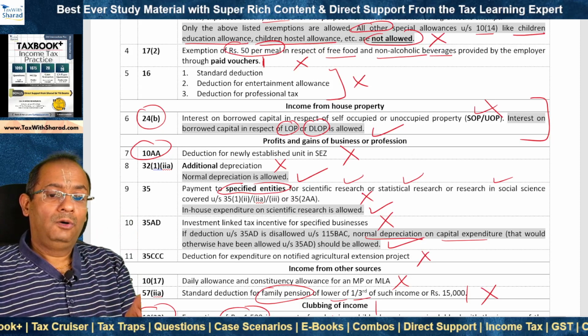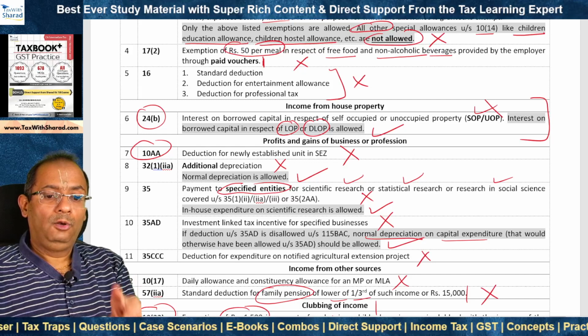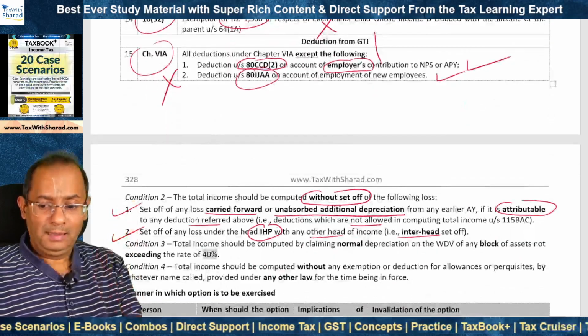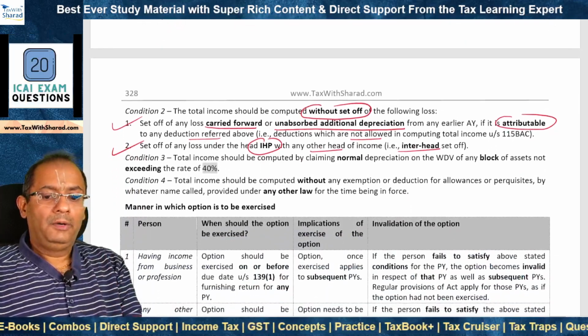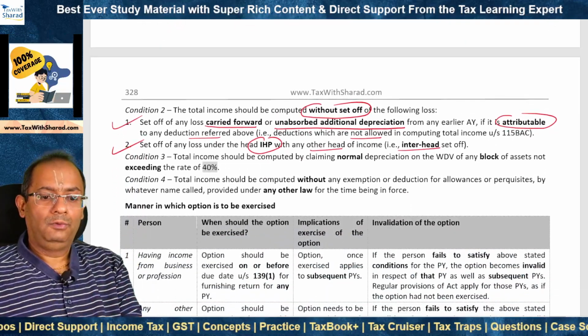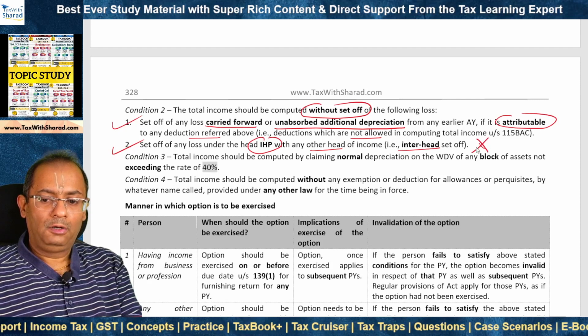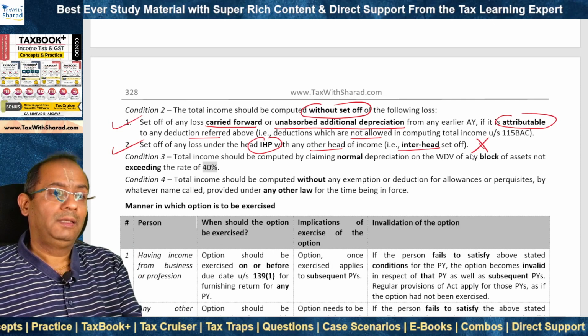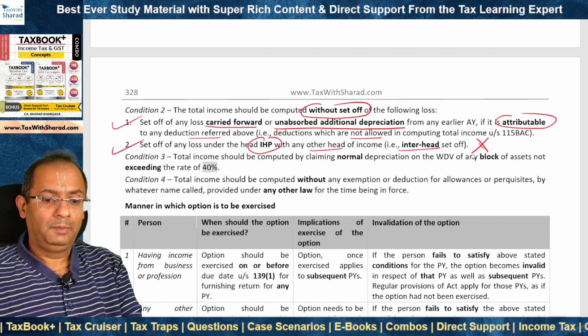But interest is allowable in respect of LOP or DLOP. So loss in respect of LOP or DLOP can arise. Now, inter-head set off of such loss is not allowed, which means that intra-head set off within the head income from house property is allowed, it is not barred.